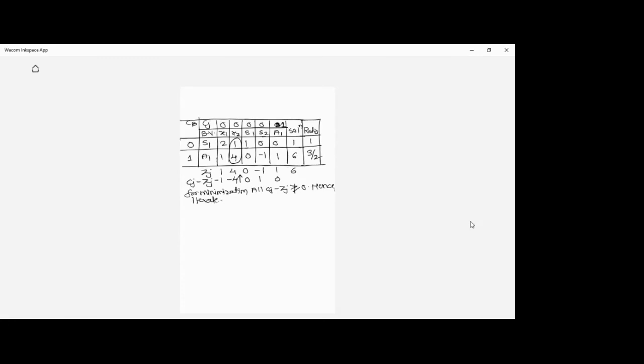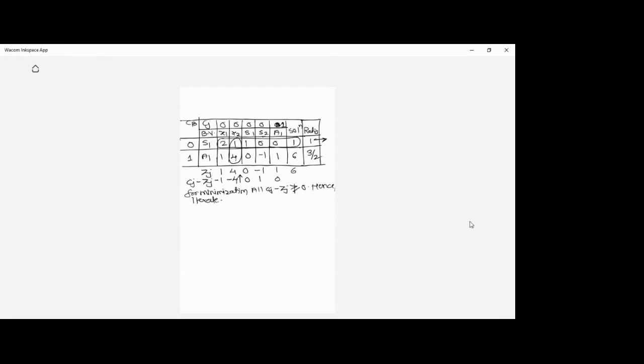The minimum value is 1 only, and that value will be considered for identification of the key row, and this happens to be your key row, right?